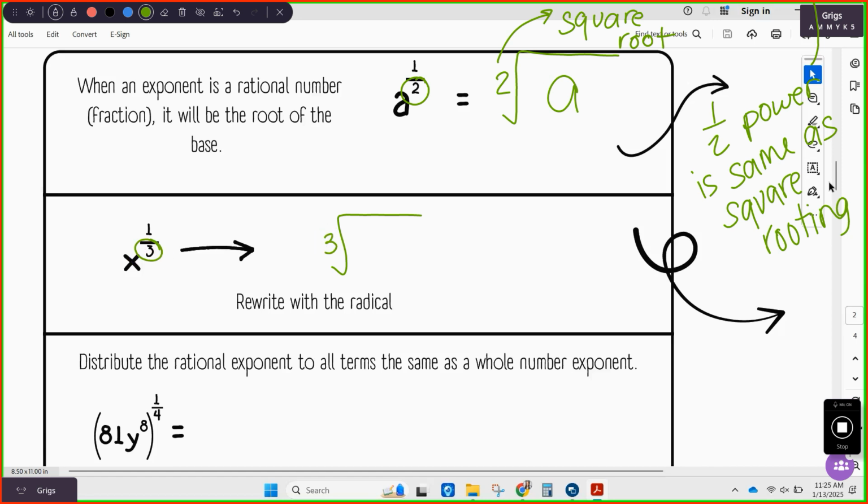So this time, I'm not taking the square root, I'm taking the cube root. 3 would be cubed. And then x goes on the inside. So anytime I have an exponent as a fraction, I want to rewrite it with a radicand. I'm not saying square root because we're not taking the square root every time, okay? I might take the power of 3 or the cubic root.